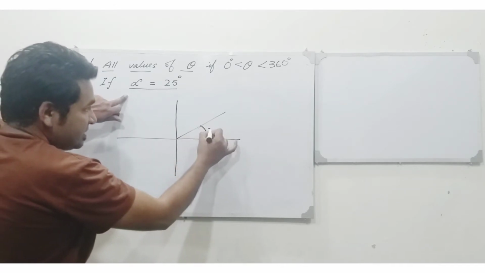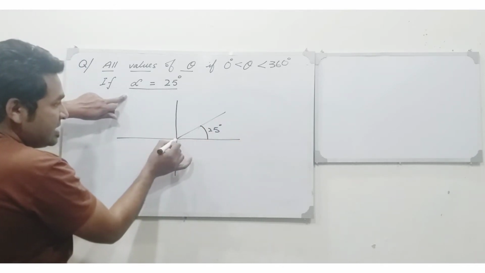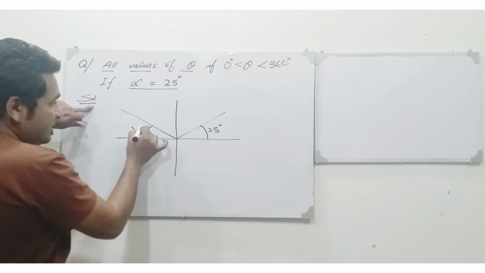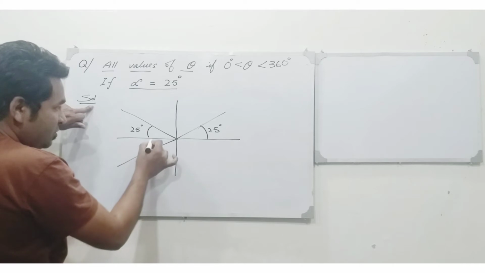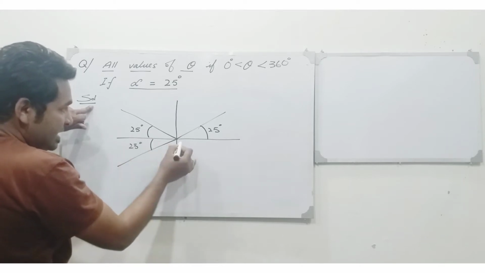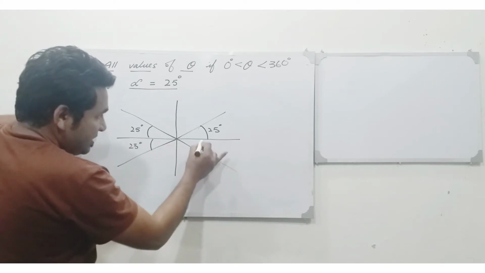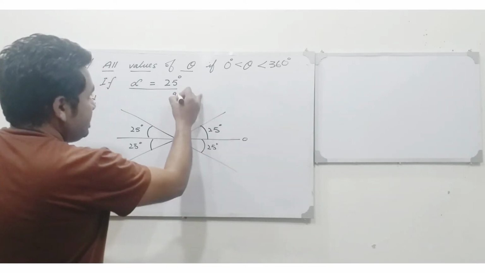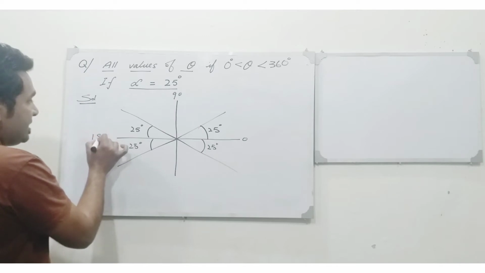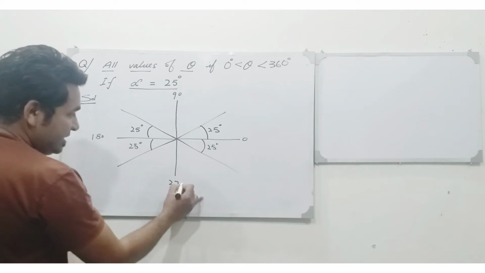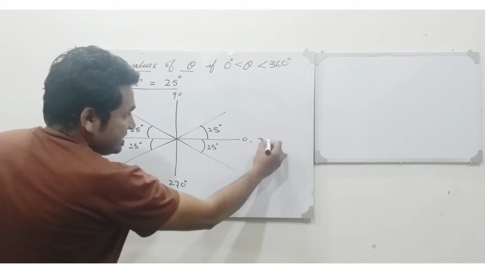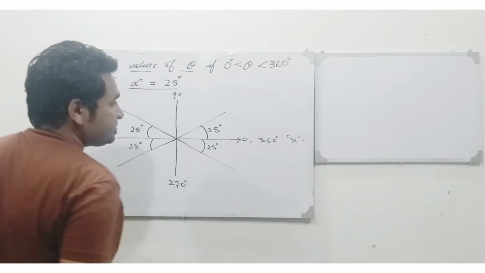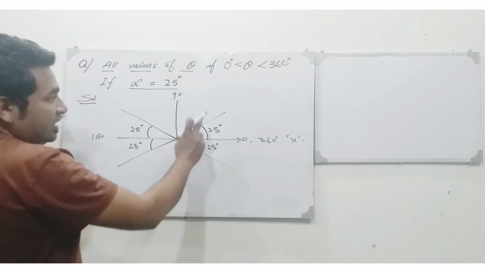First you will make it here, this is 25 degrees, then in this quadrant 25 degrees, here 25 degrees, and here in the fourth quadrant 25 degrees. It is 0, 90, here it is 180, 270, and here it is 360 degrees. And you know this is the x-axis.